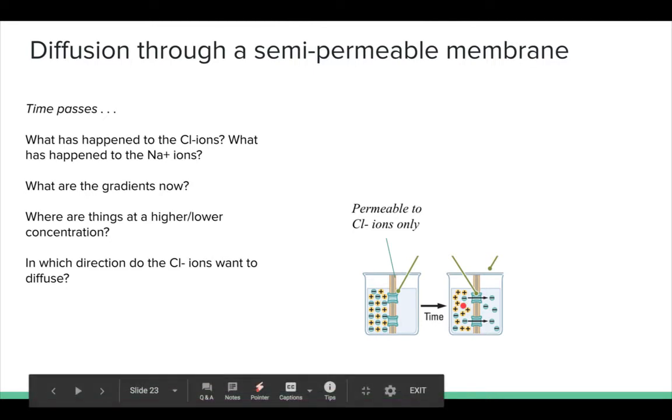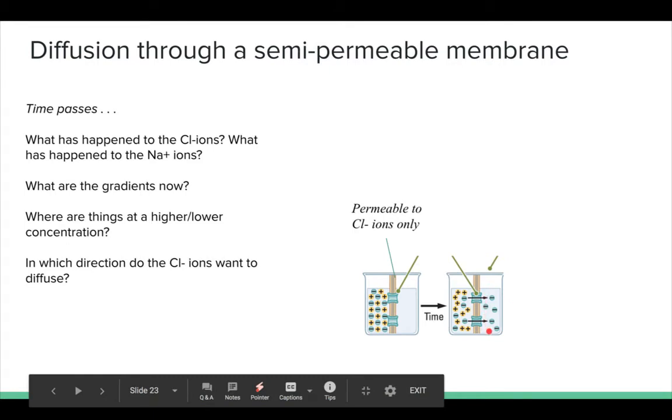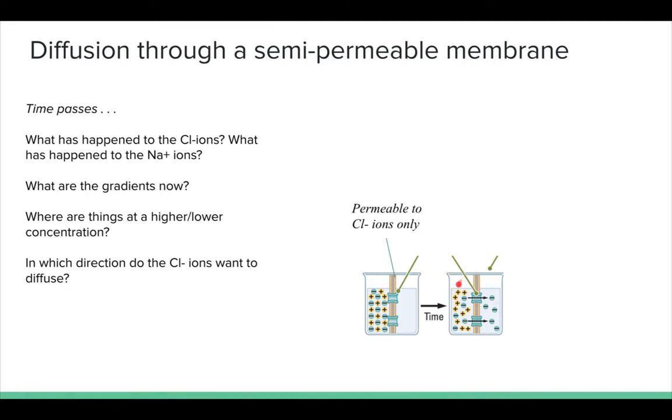Well, we've allowed chloride to flow down its chemical gradient, so at some point, we are going to hope that that chemical gradient between the two halves for chloride is going to decrease a bit. But now, look at what we have on this side of the container. On this side of the container, we only have chloride ions, negatively charged chloride ions. Here, we have a mix of the sodium ions and the chloride ions, but we have more sodium than chloride. So what does that mean? What do we have between these two halves of the container?